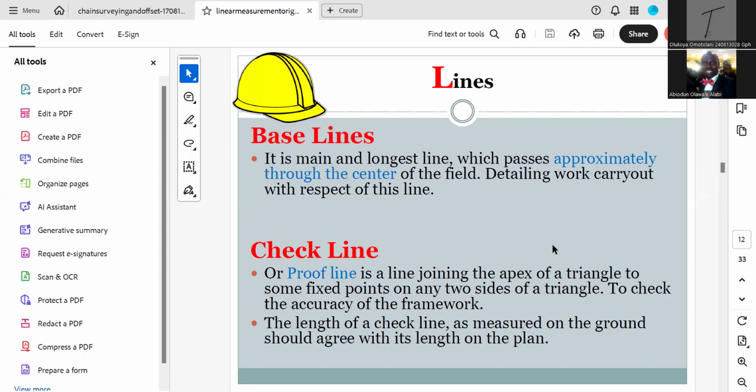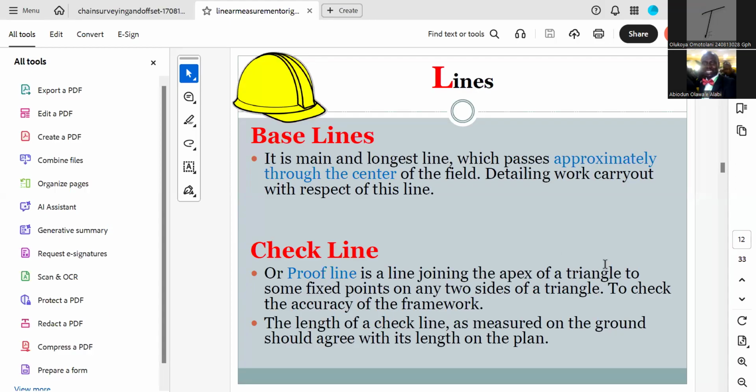So the check line, its major use is to check the accuracy of the framework. The length of a check line, as measured on the ground, should agree with its length on the plan.